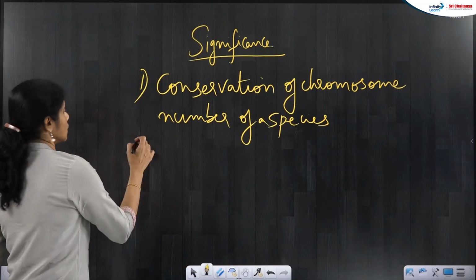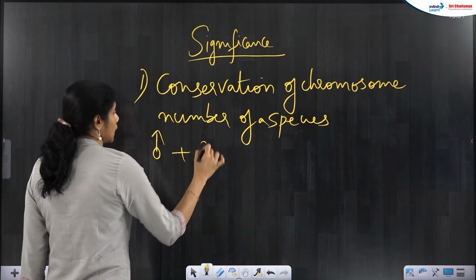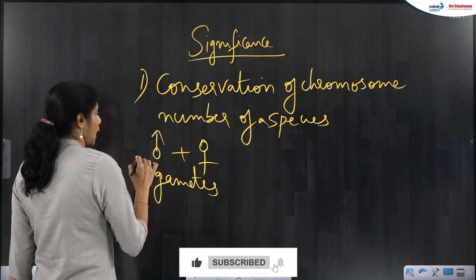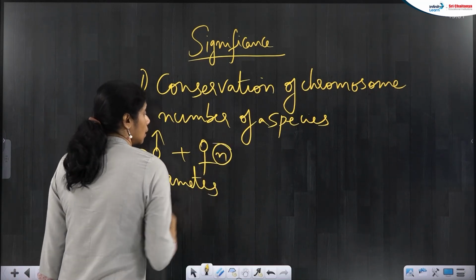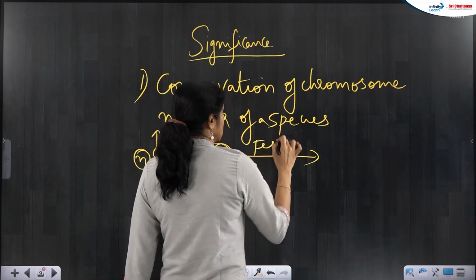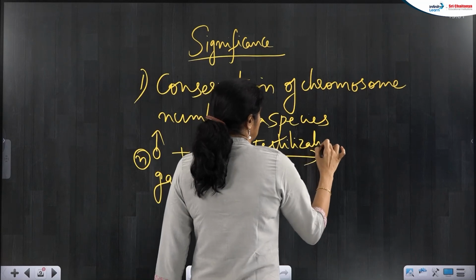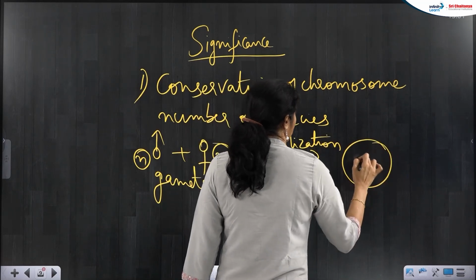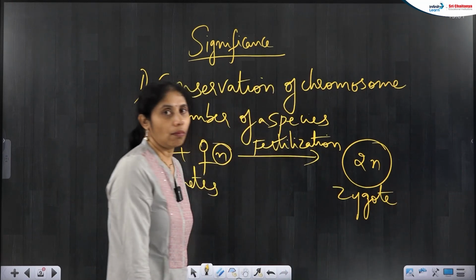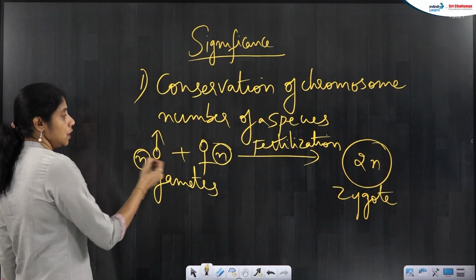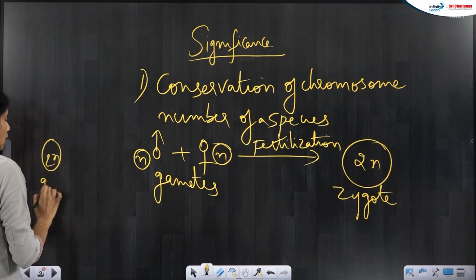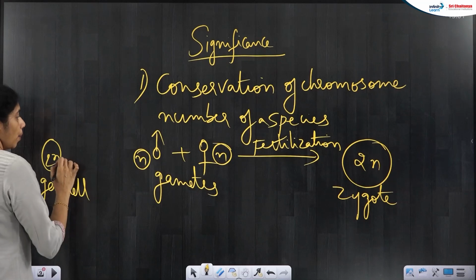So imagine the male gamete is there and the female gamete is there, these are gametes. And the gametes are haploid, which are formed by the end of the meiosis, and these 2 will undergo fertilization and form a diploid zygote. And now these 2 cells are actually formed from the diploid parent cell, germ cell, by the meiosis.